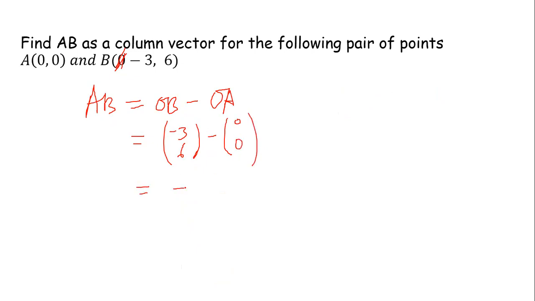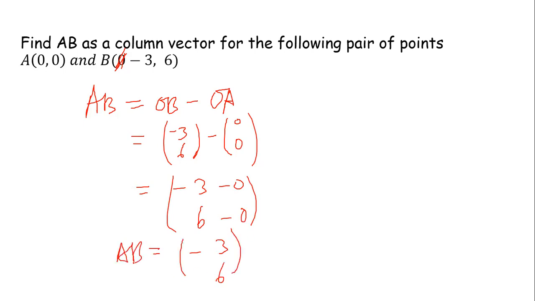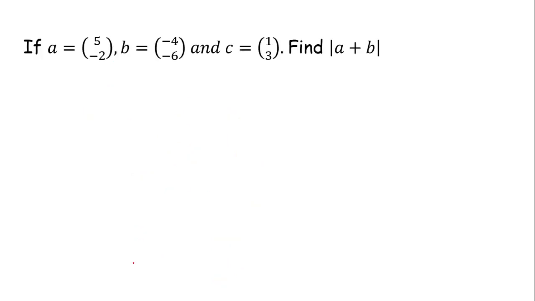So this would be the same as negative 3 minus 0, then 6 minus 0. So it still gives us (-3, 6) for AB.